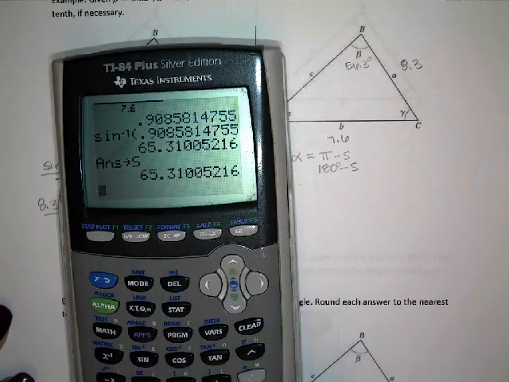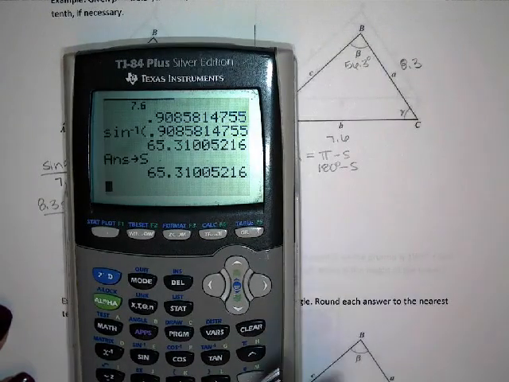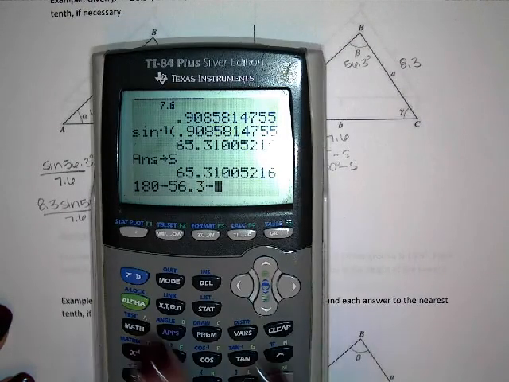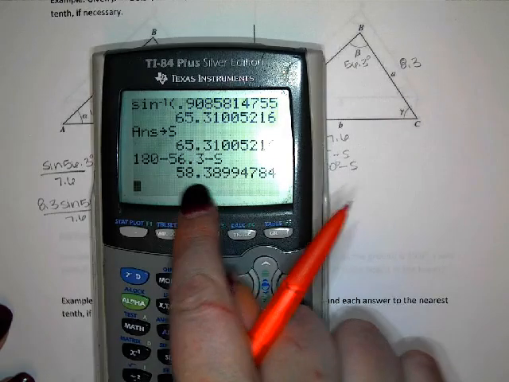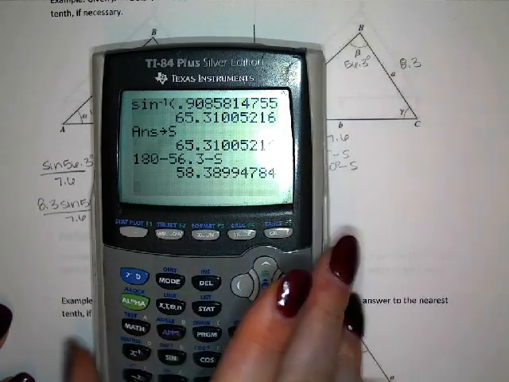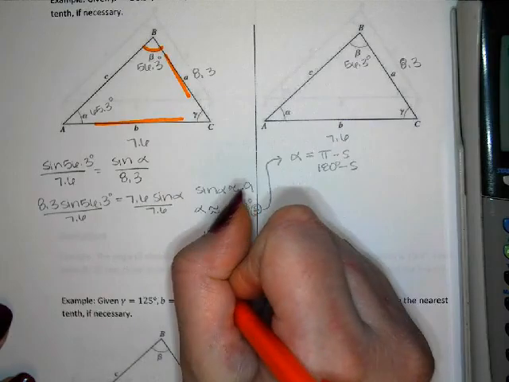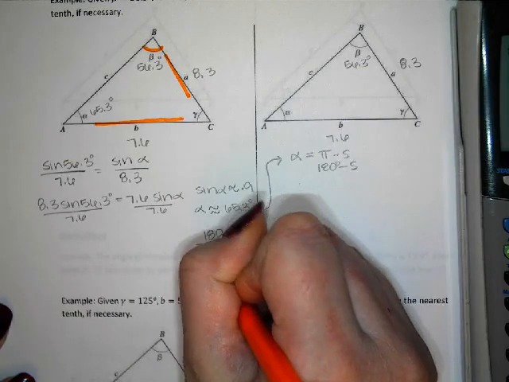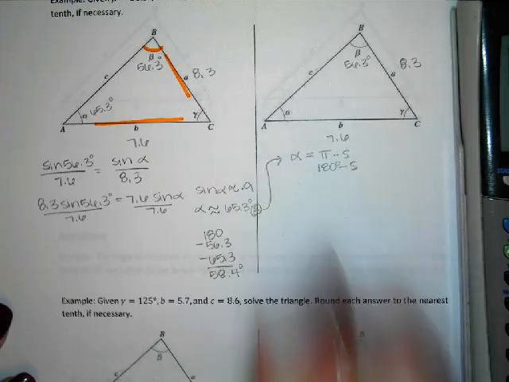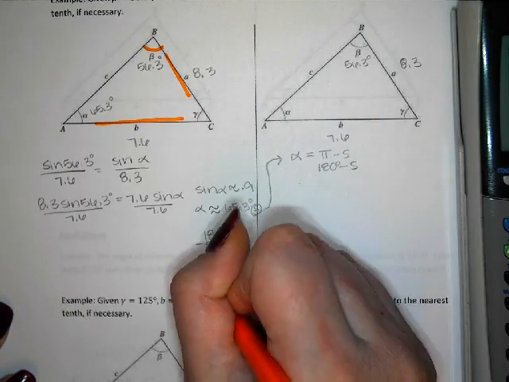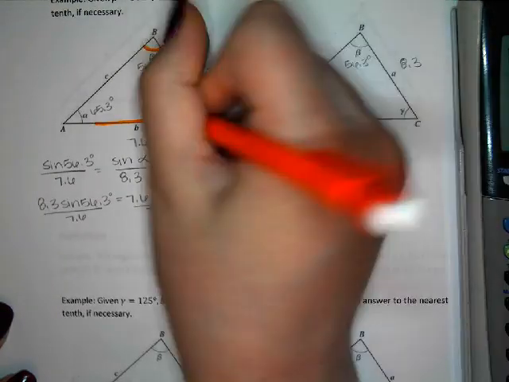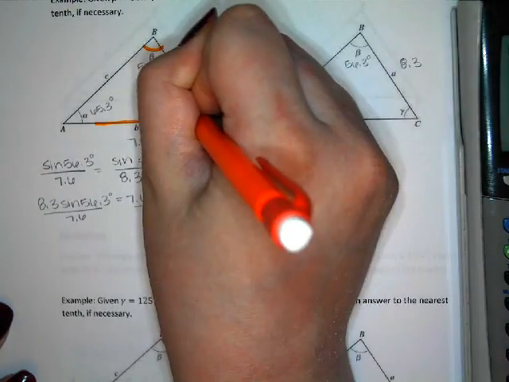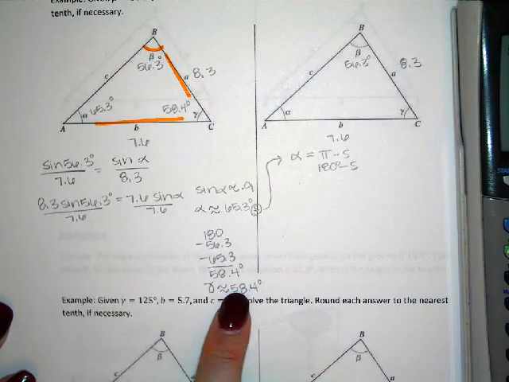So 180 minus 56.3 minus angle S. The rounded decimal 58.4 is fine for my answer. So gamma is 58.4 degrees, and that rounded decimal is totally fine, but we're going to need this entire decimal, not rounded, to be able to solve for side C.